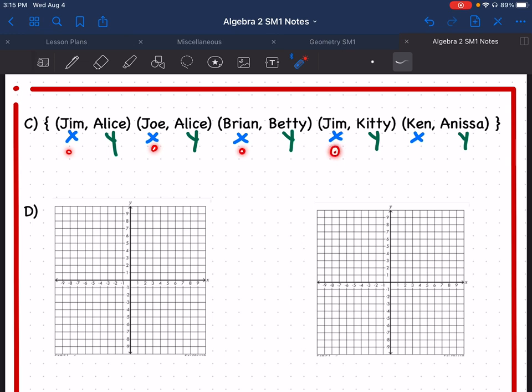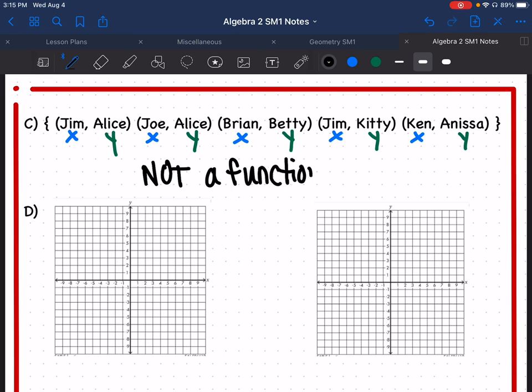But then take a look, Jim shows up again. Is this a function? No. It doesn't even matter that Ken is a different name. This one is not a function. It's because we have Jim and Alice, and Jim and Kitty. So the reason that this is not a function is because of Jim. Shame on you, Jim.